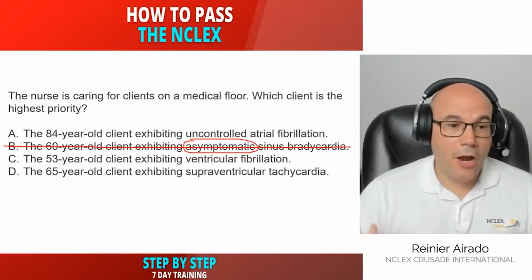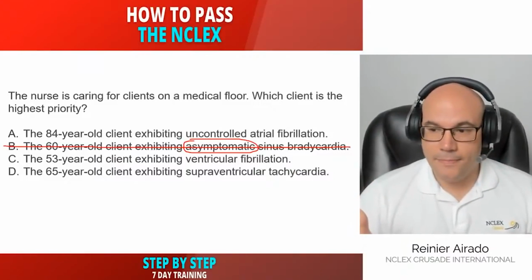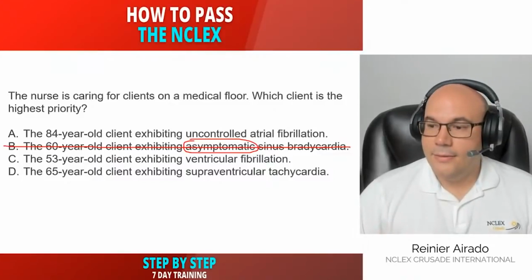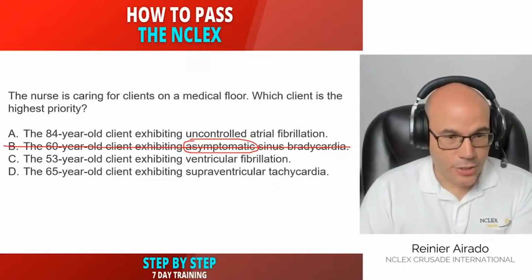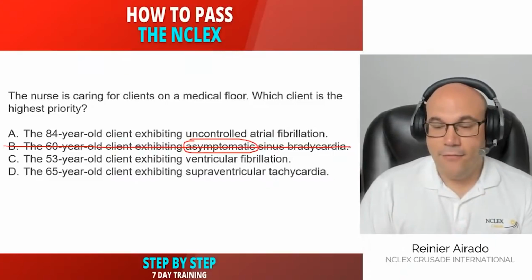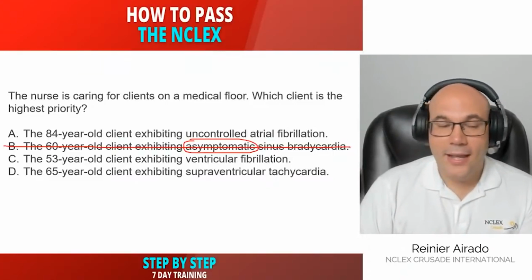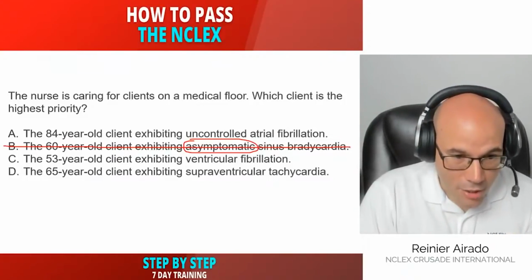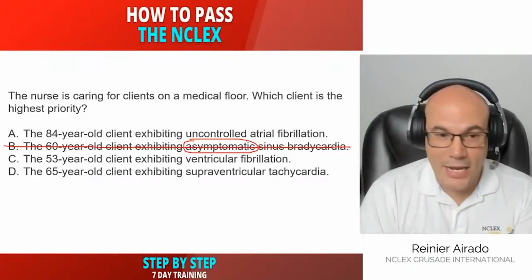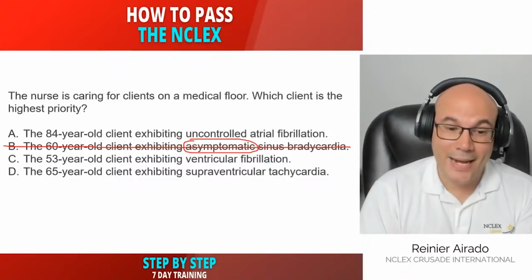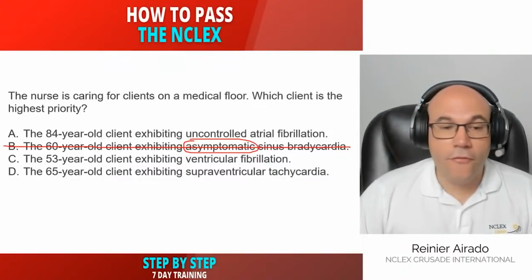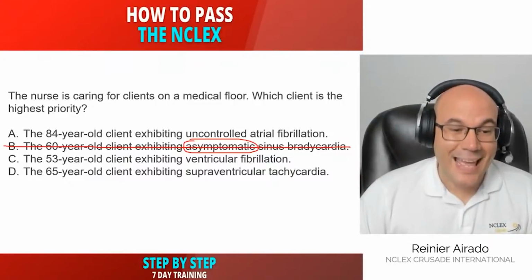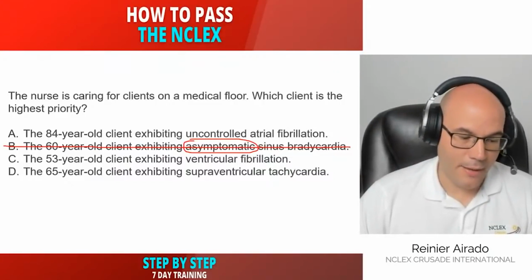I will compare A and C now. A says 84 uncontrolled atrial fibrillation. C says 53-year-old exhibiting ventricular fibrillation. Oh, we got a problem. Because we know that ventricular fibrillation is a deadly dysrhythmia.